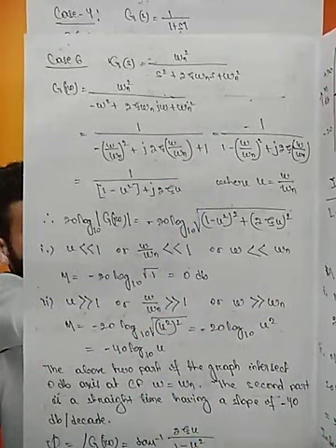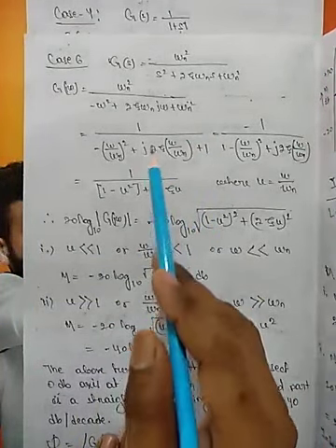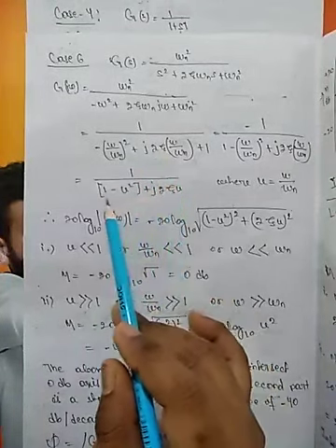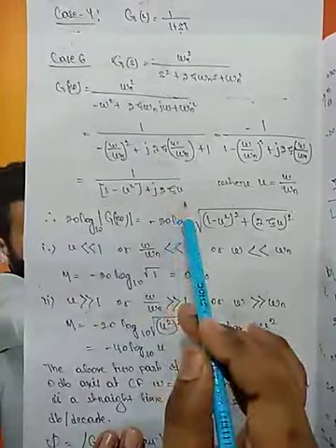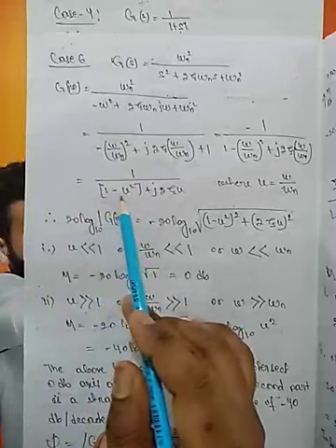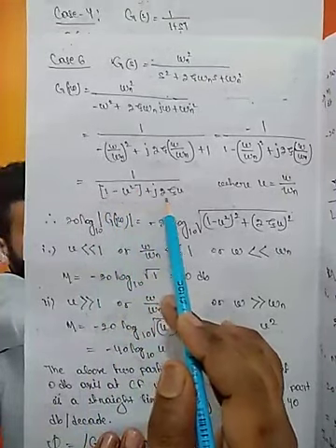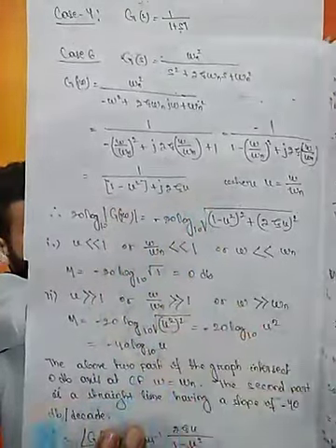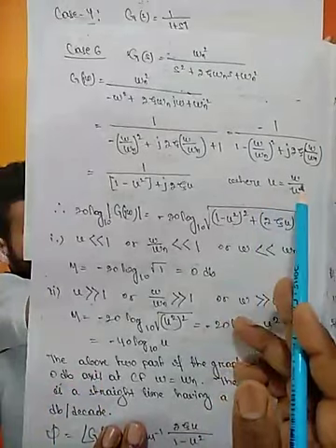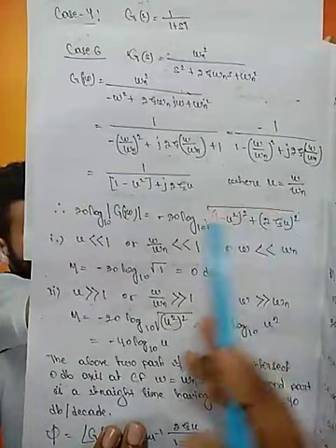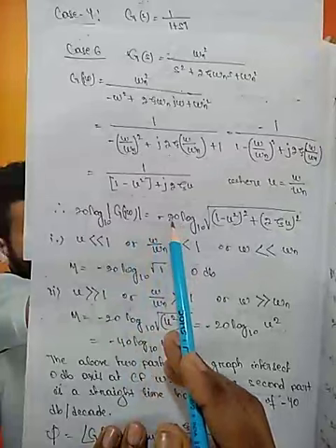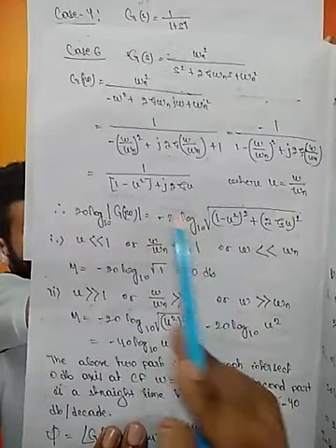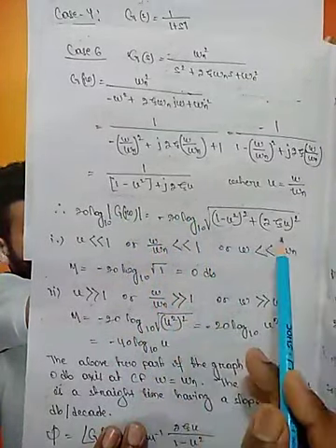After simplification, real and imaginary part, you get 1 by 1 minus u square plus j 2 zeta u. This we previously discussed, where u is omega by omega n. Its magnitude is minus 20 log 10 of this part.